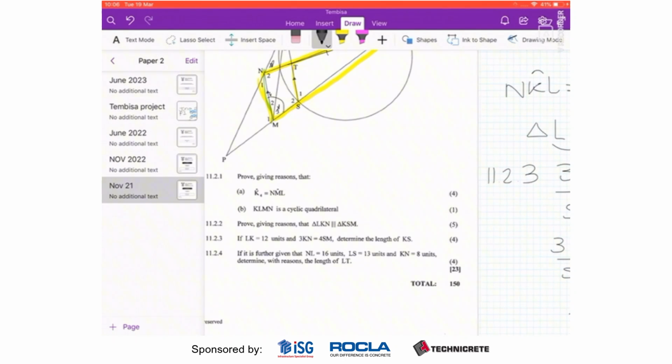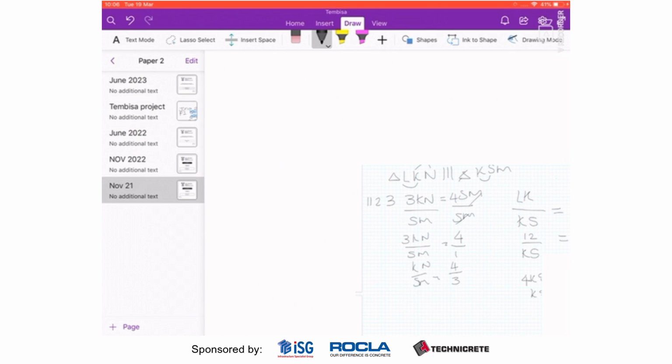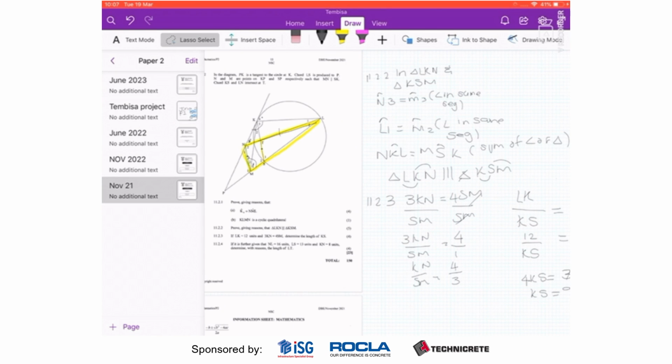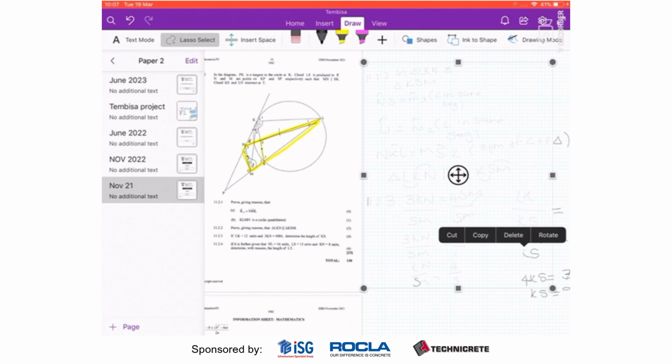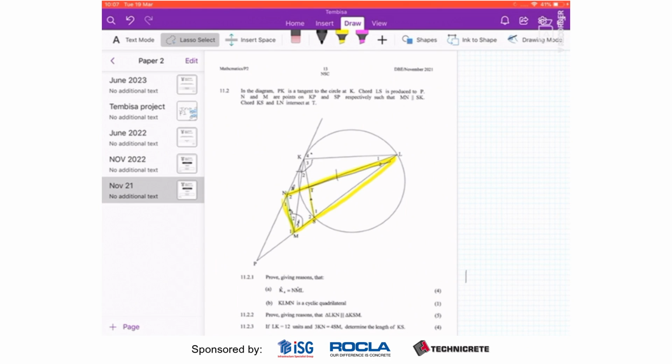So it's going to be LT over NL. So do you see here's my LT over NL, and on this side it's going to be LS over SM.